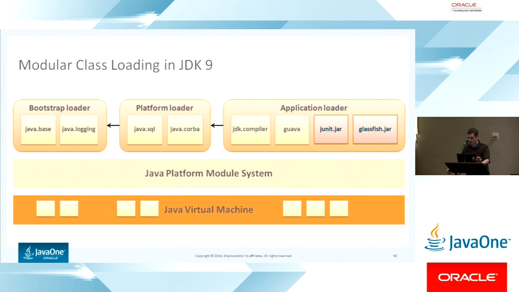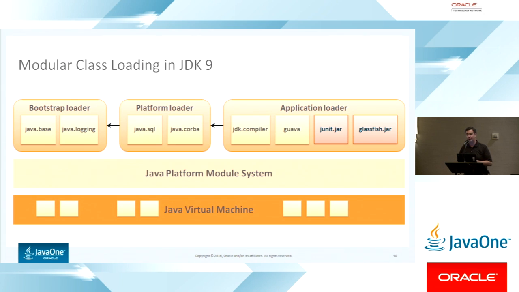You'll recall that I talked earlier about the unnamed module as a vehicle for compatibility. Strictly speaking, I was referring to the unnamed module of the application loader. In fact, every class loader has an unnamed module. If the VM sees a class being defined by a loader, and the VM can't associate that class with a named module that was transmitted down earlier, then the VM treats the class as being in the loader's unnamed module.